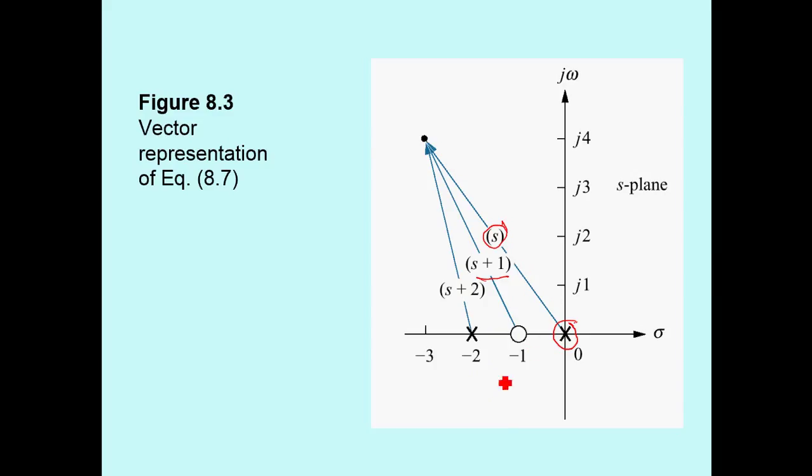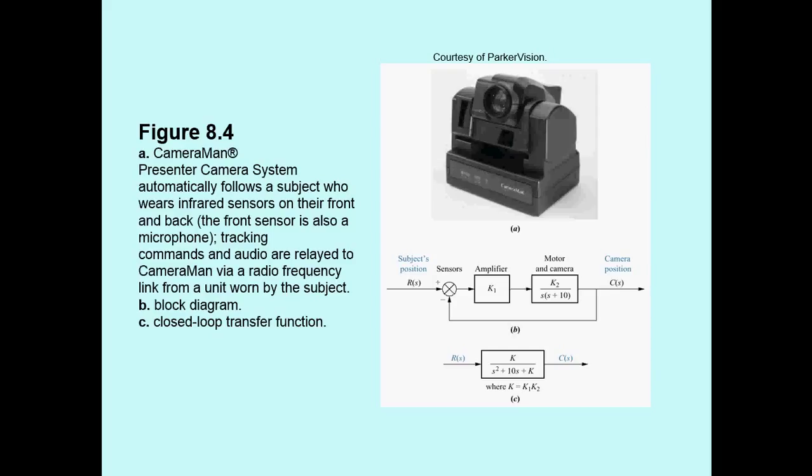This is called a zero, and this is a pole. So a pole is a root of the denominator, a zero is the root of the numerator of the transfer function.